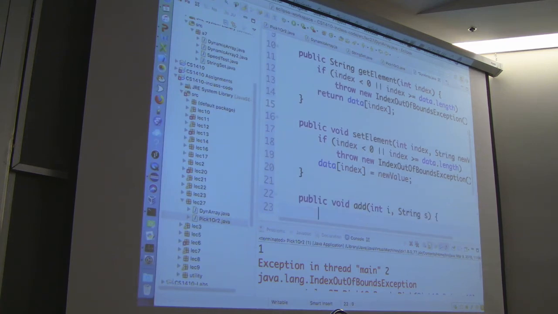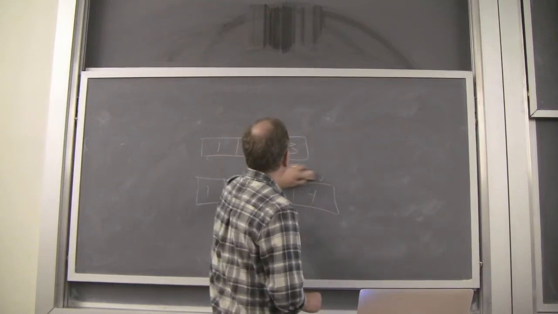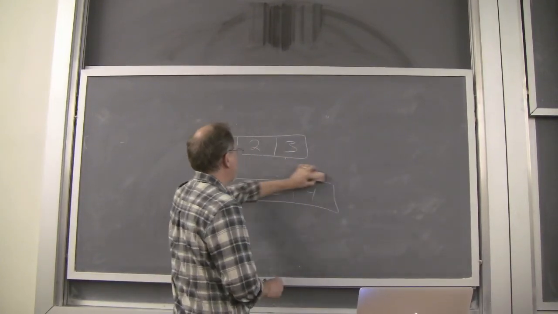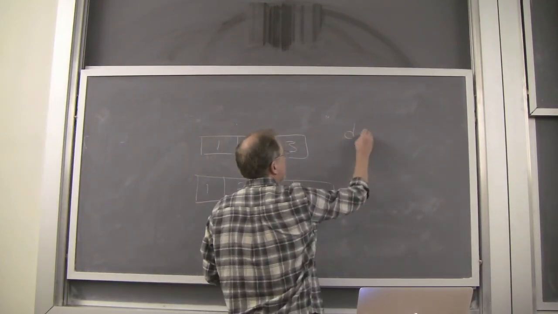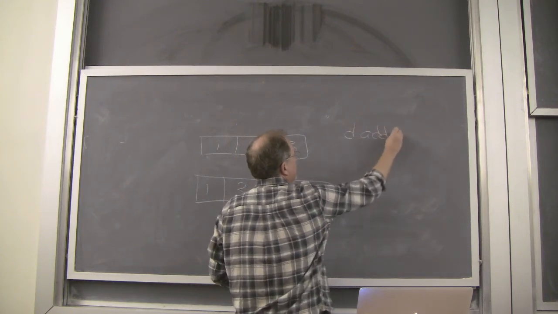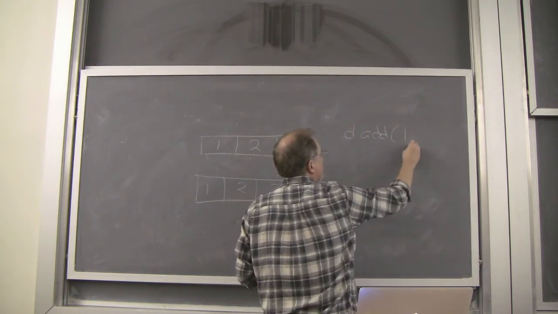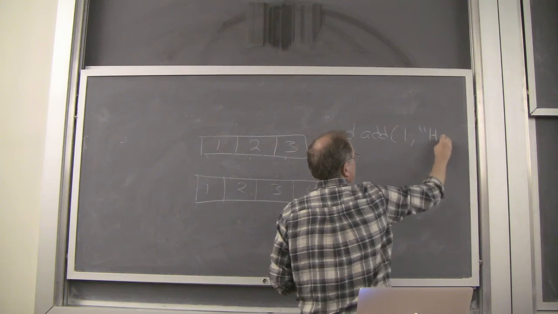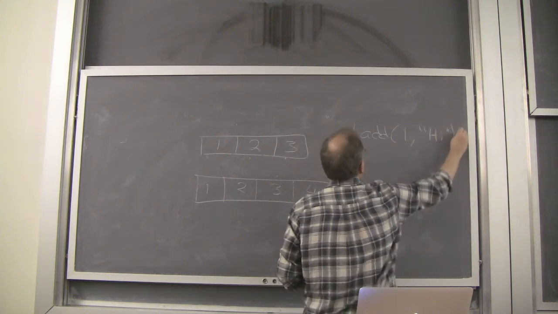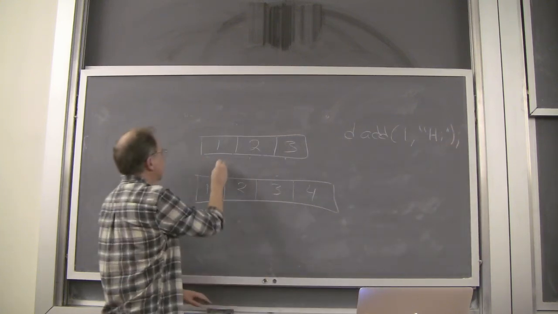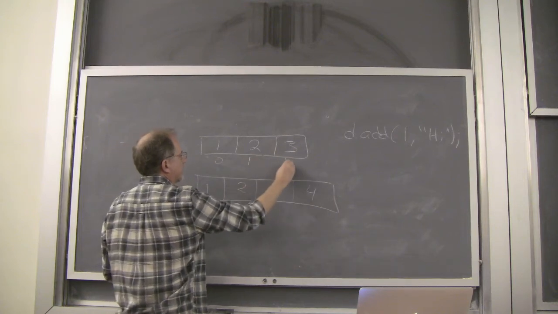So the meaning of this is, if I have my dynamic array object and I say add at 1 "hi", then this is index 0, this is index 1, this is index 2.